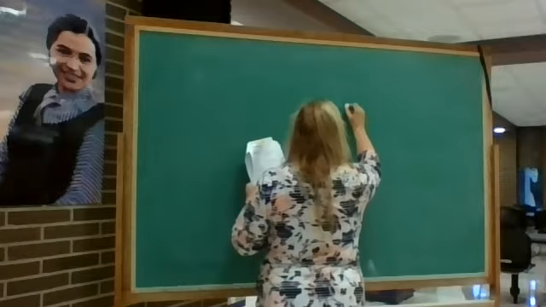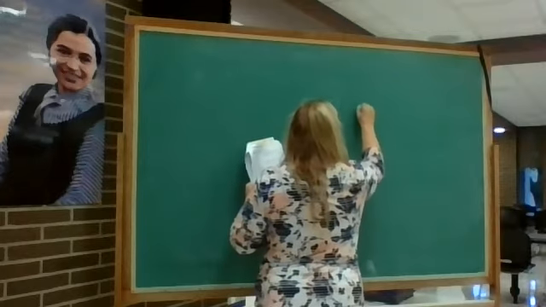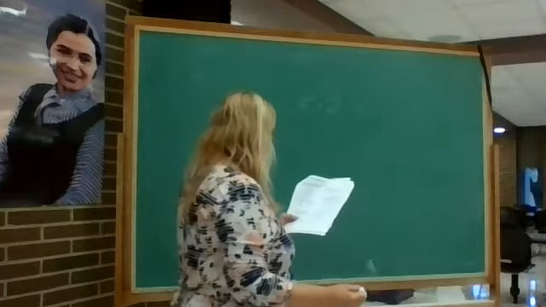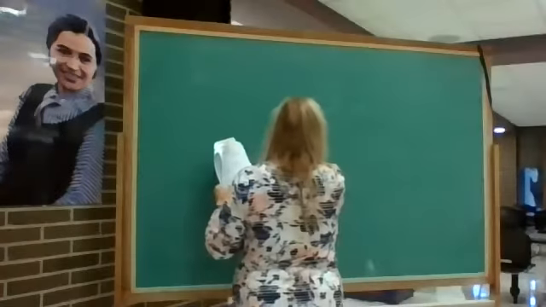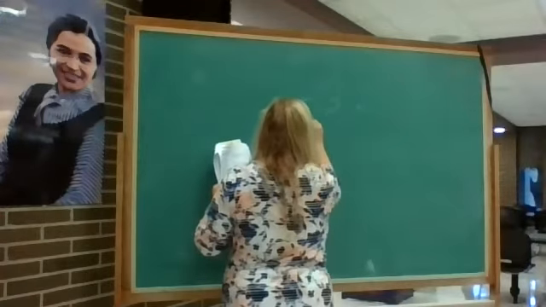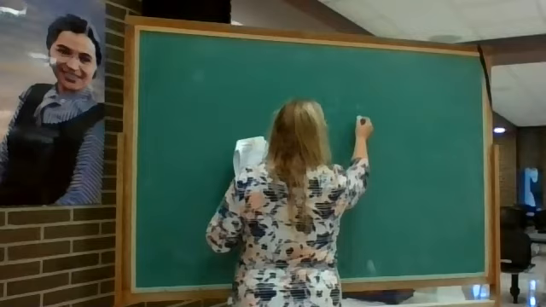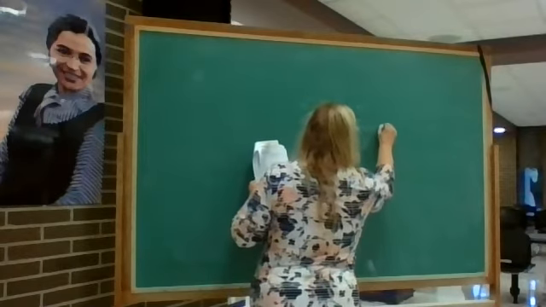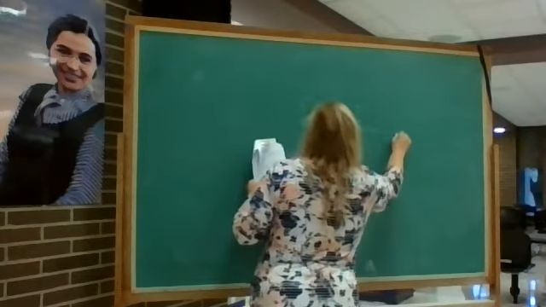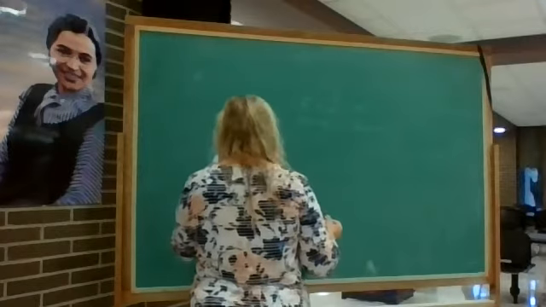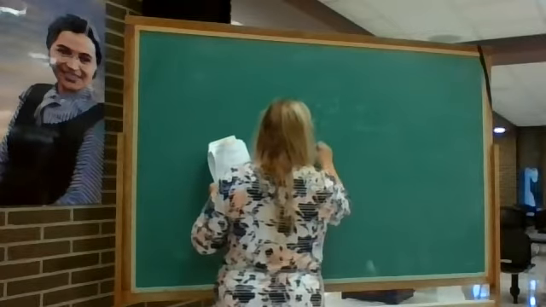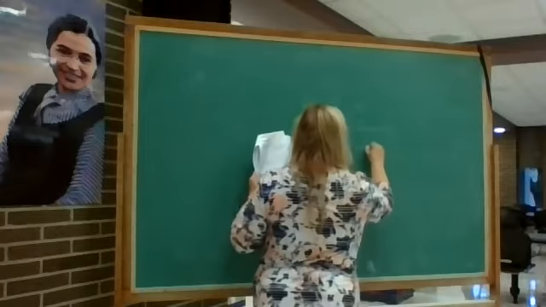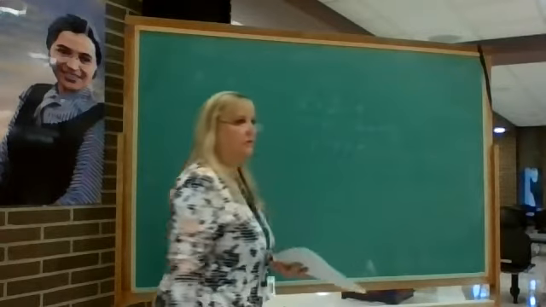And then you have to multiply that by 4 because there's 4 shelves, right? So you're going to take 0.5 times 2. This is your width times your length. And then 4 is your quantity. So you have 0.5 times 2 is 1, times 4 would give you 4. So it would be 4 square meters.